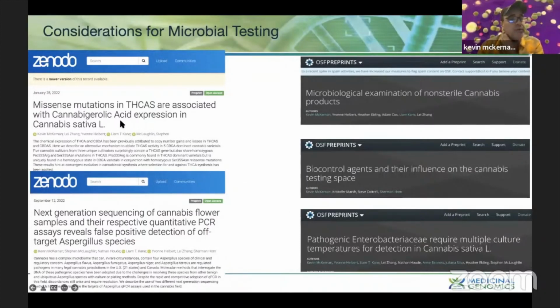We've done some work looking at mutations in THCAS and also staring at some of the sequencing tests that are out there looking at Aspergillus. Each vendor is using slightly different primers, and as a result, they have different off-target effects. And we found, in this case, Aspergillus tamarii was triggering a lot of the other vendors' tests. This is something that doesn't make aflatoxins. It's not known to infect humans unless they're lacerated.